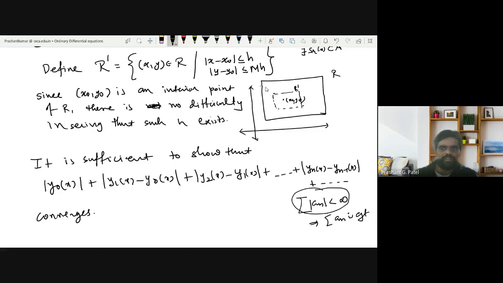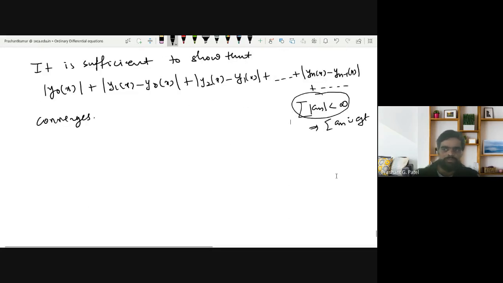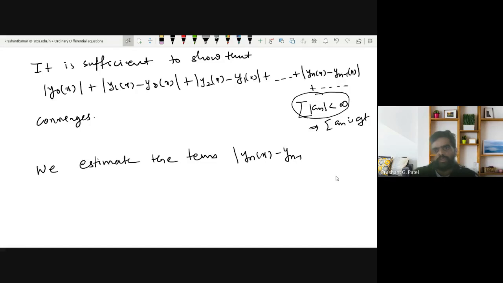So let us estimate this term. Our objective is to estimate the term yn of x minus yn minus 1 of x.